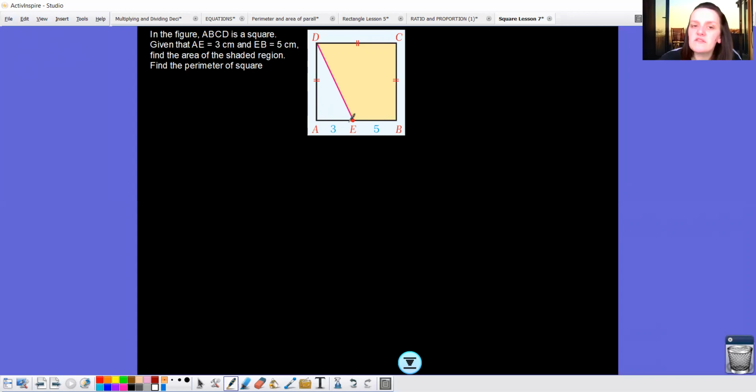If it's given that it's a square, then this is 8 times 8, since AE is 3 and EB is 5, so 8. All of the sides are 8. And we will just do minus.